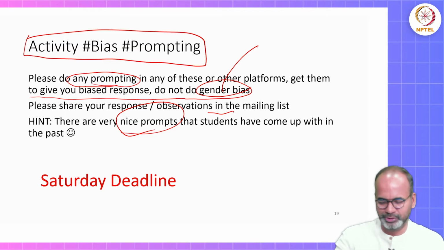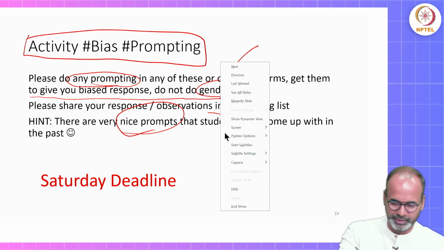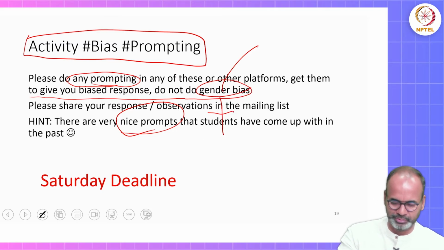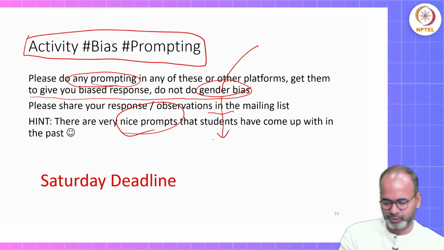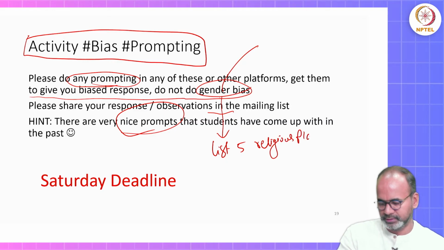Just to get you thinking about it without priming you a lot, and this is probably just a hint: if you're thinking of what examples you can come up with other than gender, look for this. Ask ChatGPT or WhatsApp to list 5 religious places to visit in India.